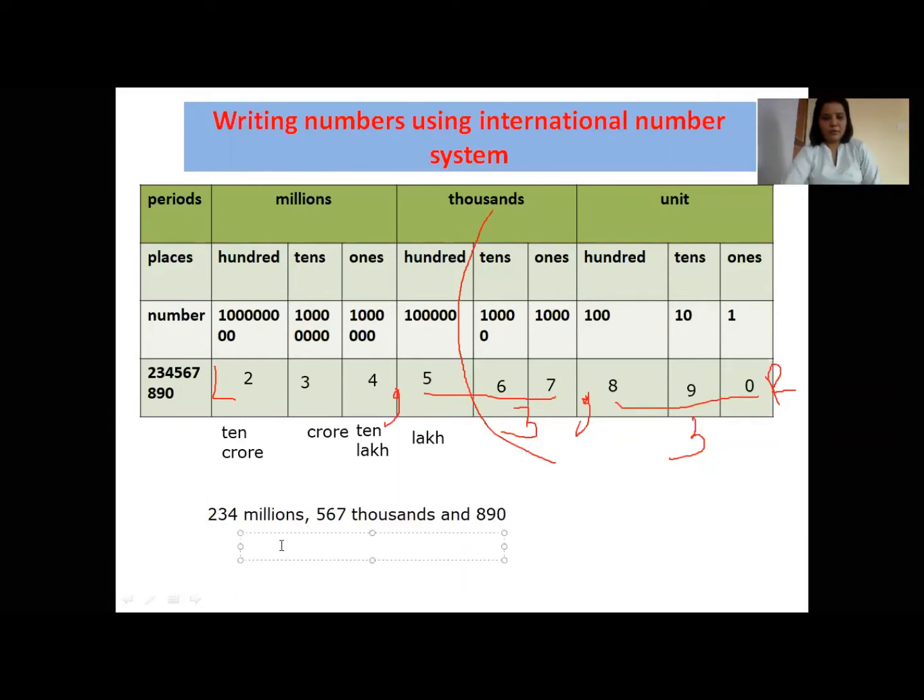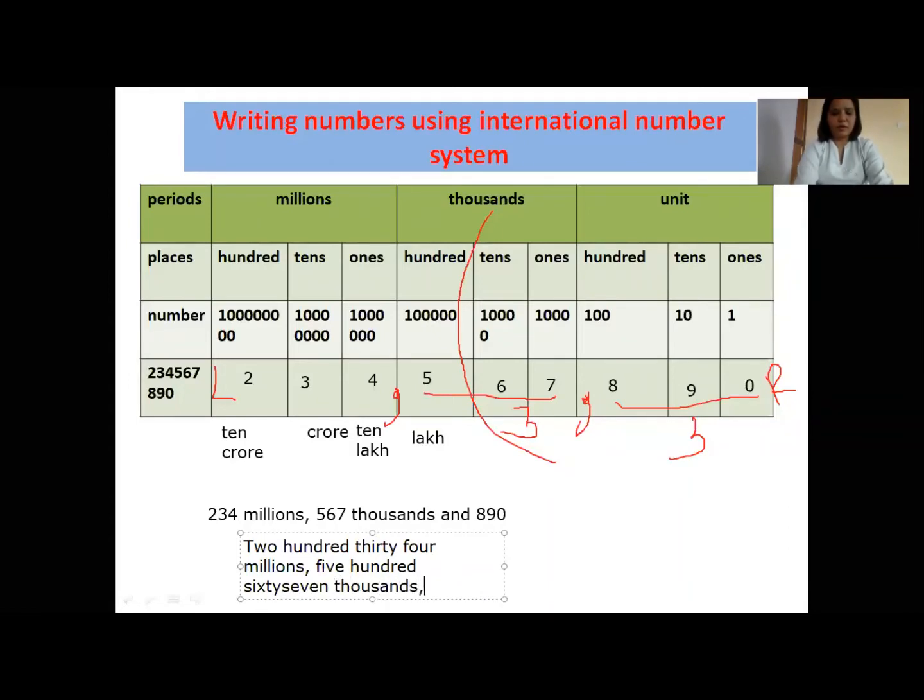So we can write the number in words as 234 millions, comma, 567 thousands, comma, 890.